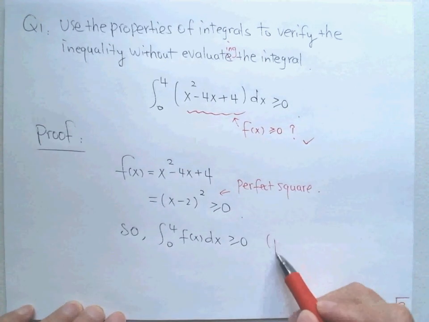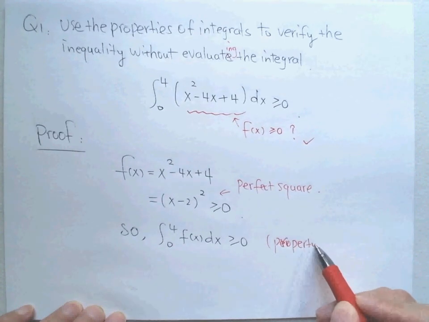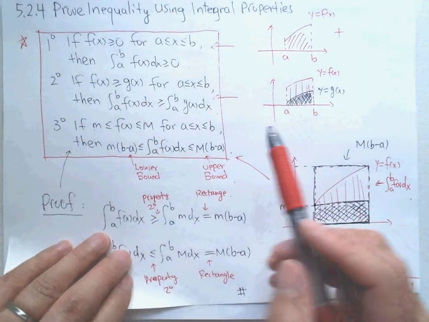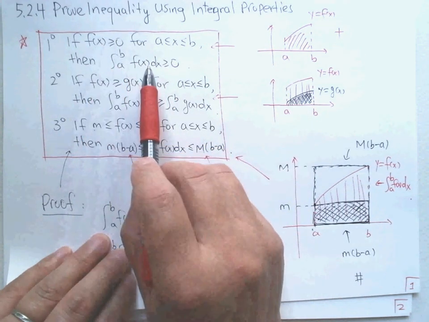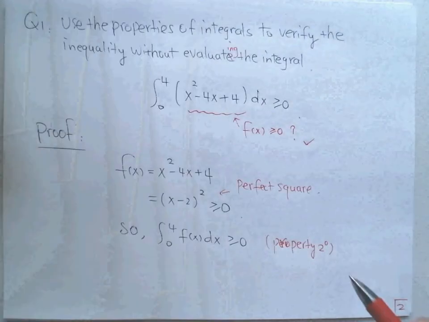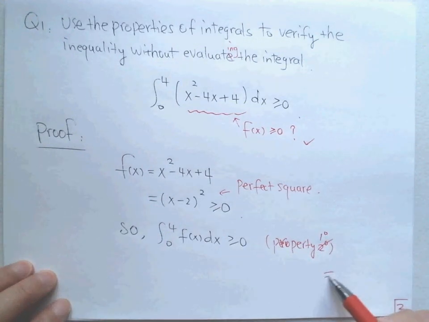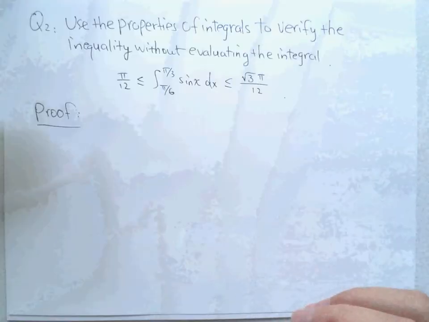That's the property, so remember the property. The second property, I think we just got. Oh no, the first property, sorry. Non-negative function: the integral is non-negative too. So the first property, right? Get the first. One more example here.